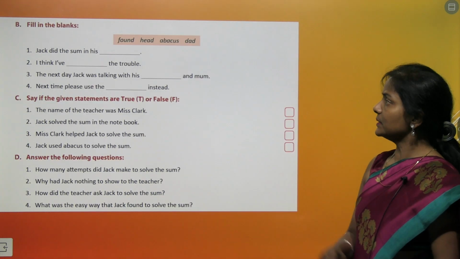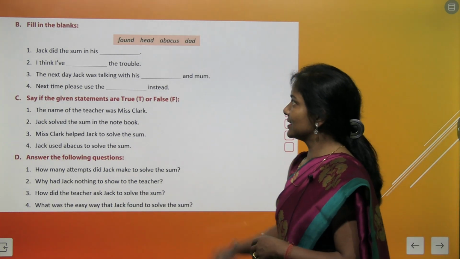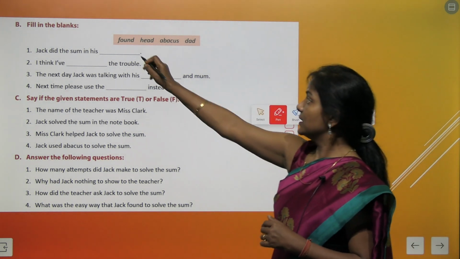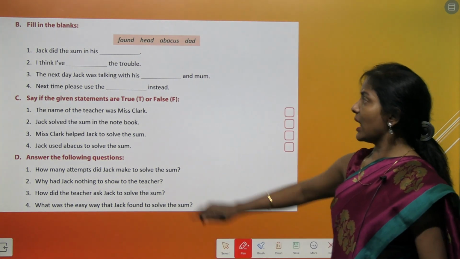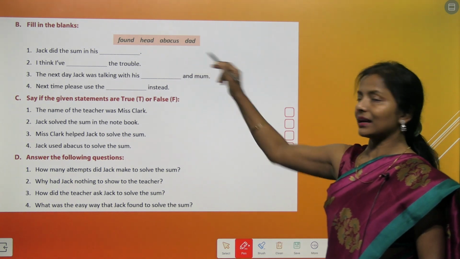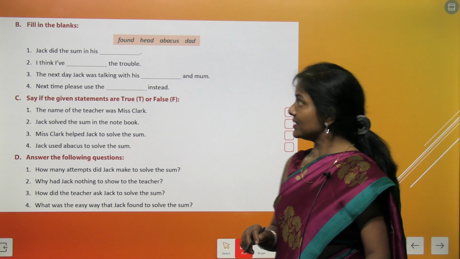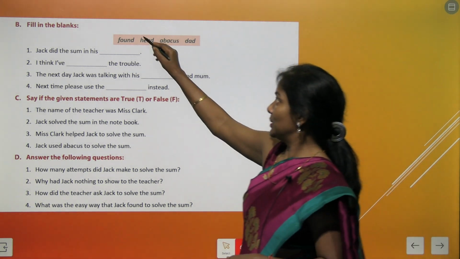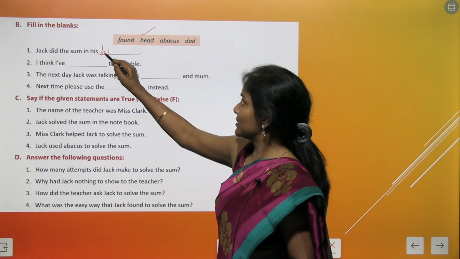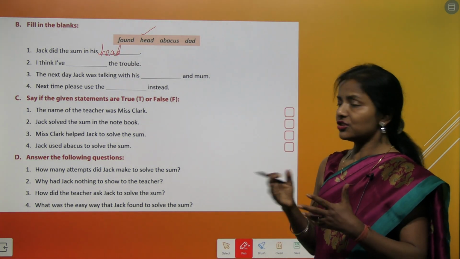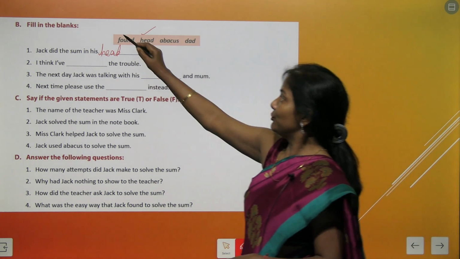Now let's move further. Fill in the blanks. Some words are given in the box here. First read the words: found, head, abacus, dad. Jack did the sum in his head. Where did he do the sum? Where was the solution? In his head. I think I have found the trouble.